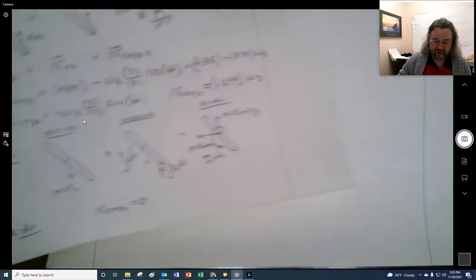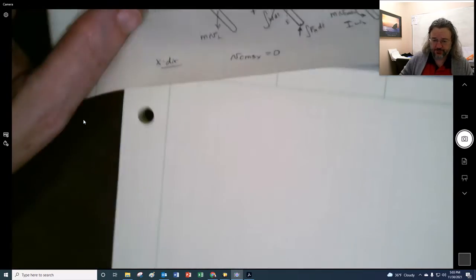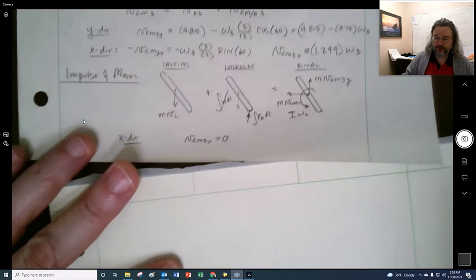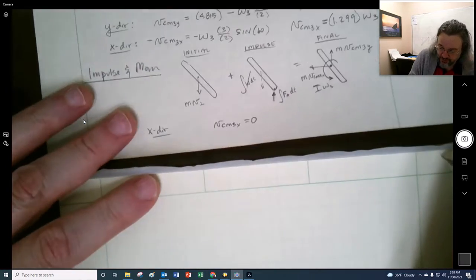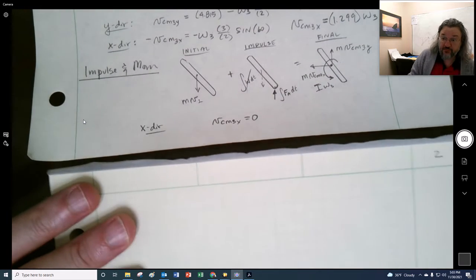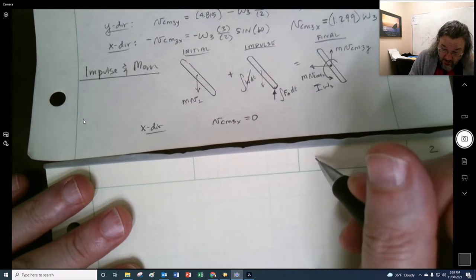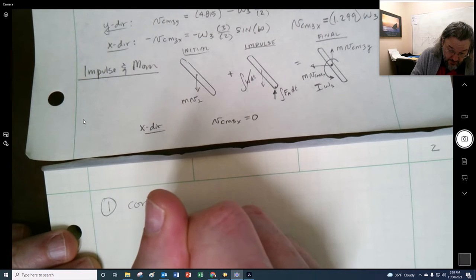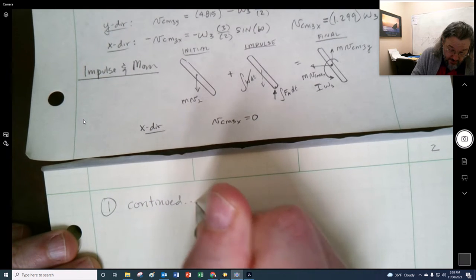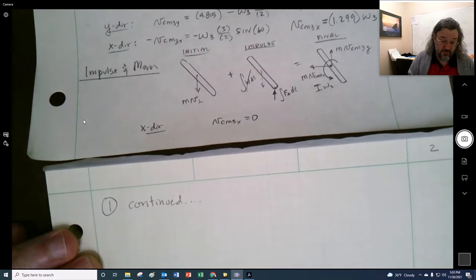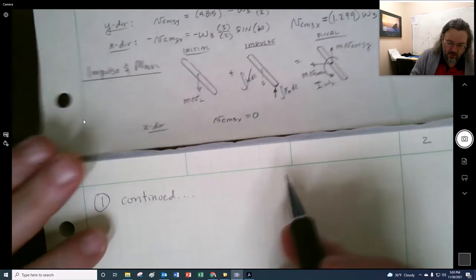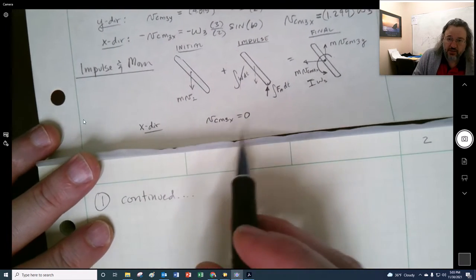We'll just have to leave it as a mystery to this world. The source of the thing, which is an earlier edition of a Beer Johnston, does not factor that in. It doesn't. So anyway, here's one continued. And maybe you could figure it out for me. That'd be great.